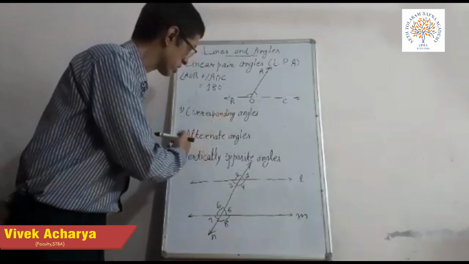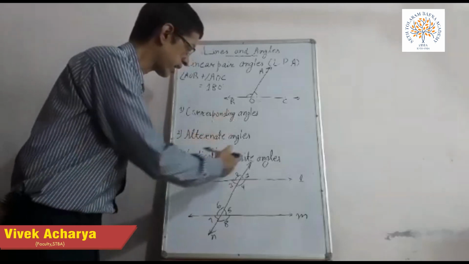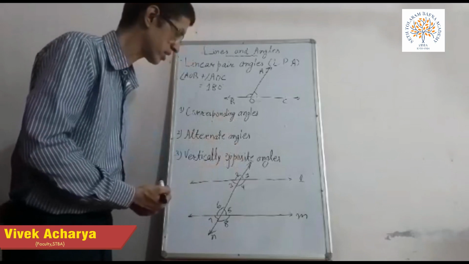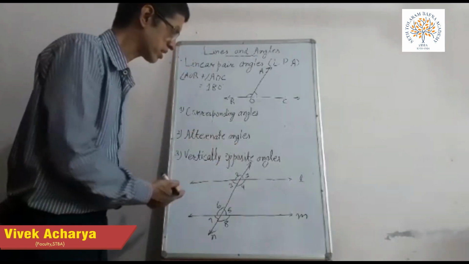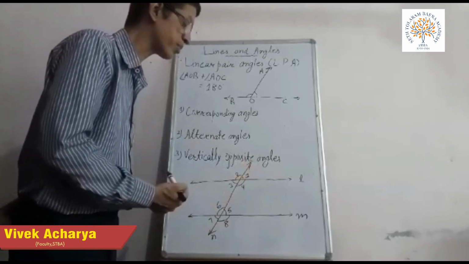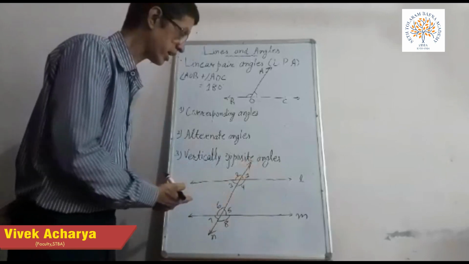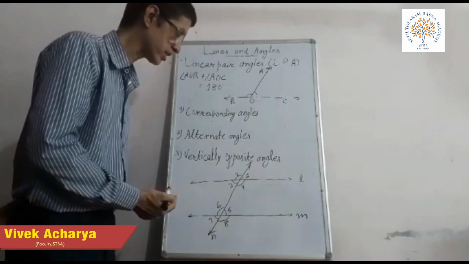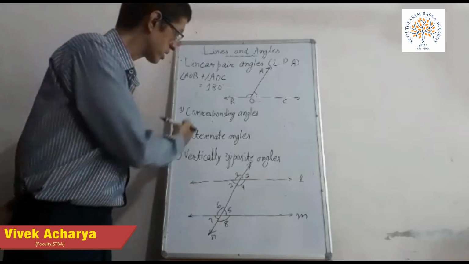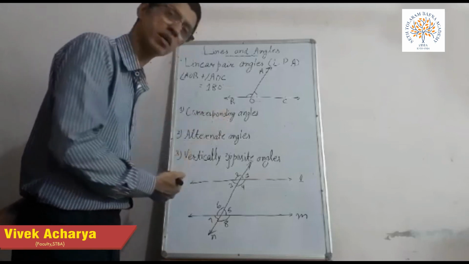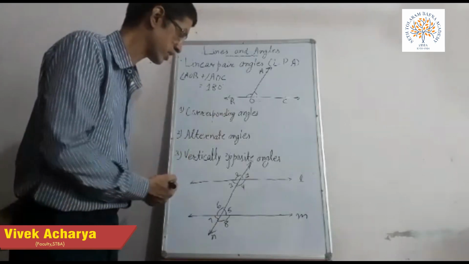Firstly corresponding, then alternate, and vertically opposite angles. Now children, if these two lines are parallel lines intersected by a transversal line, then some conditions apply. Firstly, I am talking about corresponding angles.